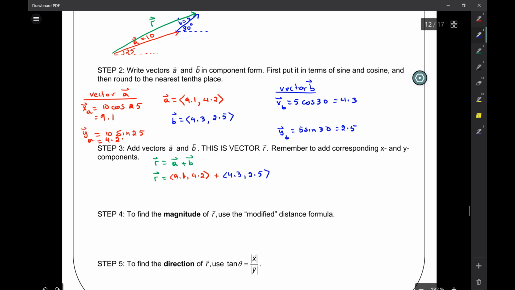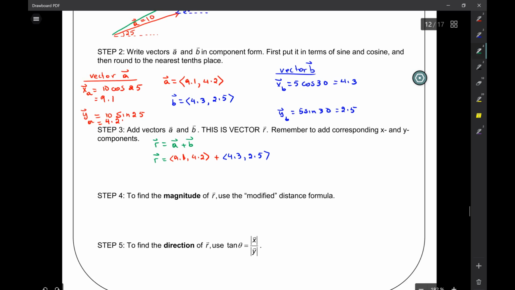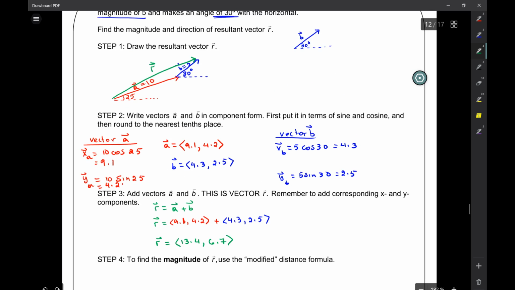And now that we're experts at adding vectors, I can add those two vectors and get that my R vector is 13.4 and 6.7. Whoops, not parentheses, brackets.